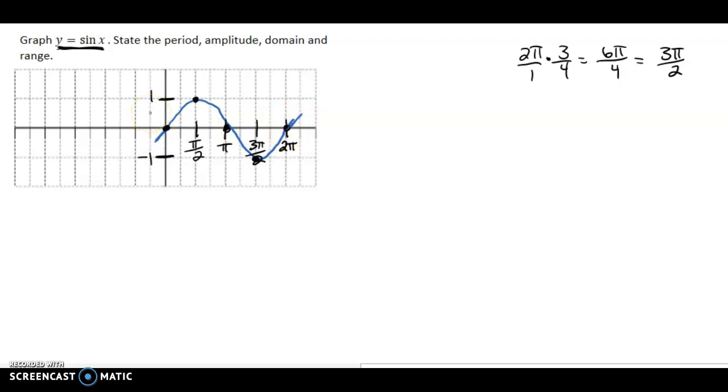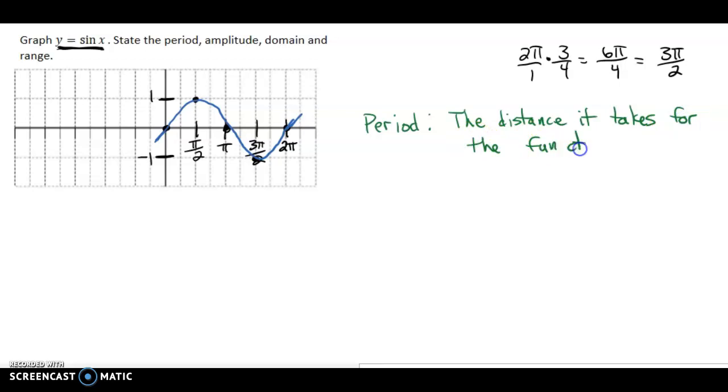It will continue on forever, but we're just going to graph what we call 1 period. Okay, so we've been using this word a little bit. Let's write down what it means. So we have a period of sine, and the period is just the distance it takes for the function to complete 1 cycle.